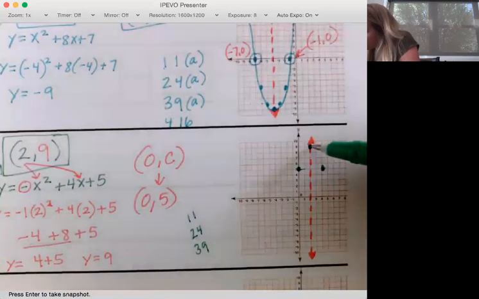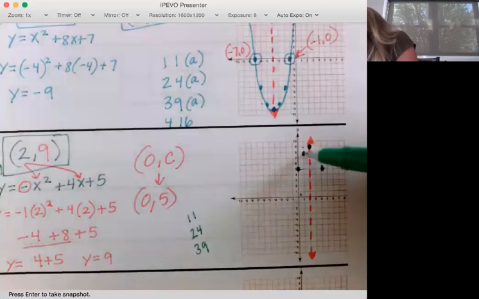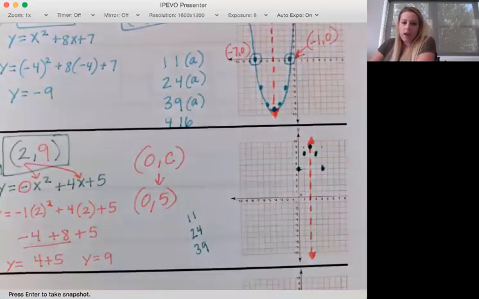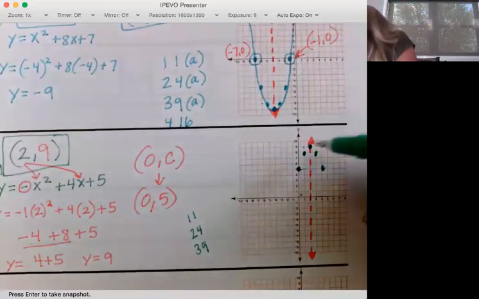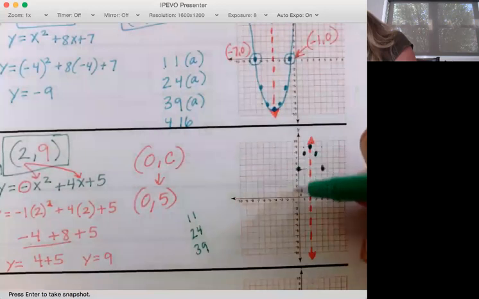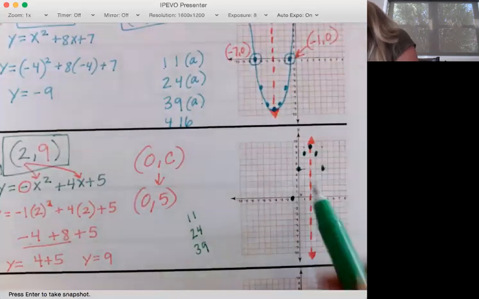So over 1, down 1. I'm going down because this is a negative graph. Over 2, down 4. Well, we already hit that point. Over 2, down 4 was that (0, 5). Okay, and then 3, 9 goes from here over 3 and down 9 will hit down here. Then I'm going to use the axis of symmetry to find my other point because I don't want to keep going up and over.